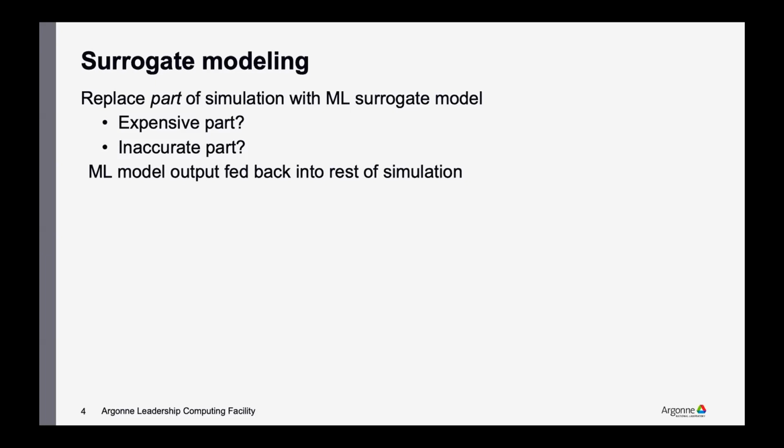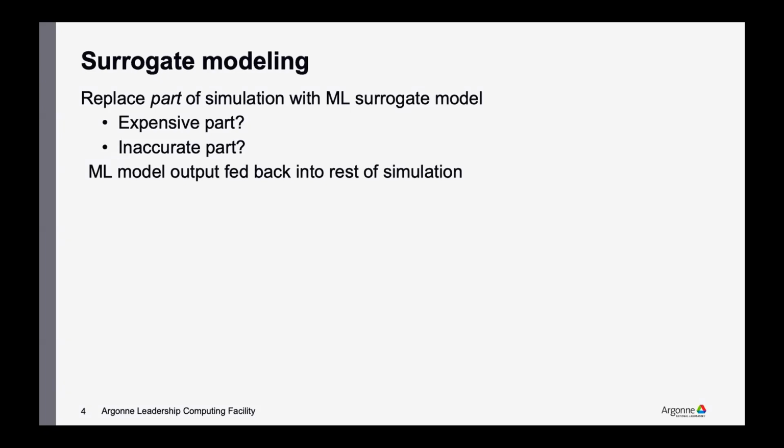Okay, so you could have a machine learning model that replaces your whole simulation, but since today we're talking about coupling AI and simulations, this would be the context where maybe you only replaced part of your simulation with machine learning. And so the output of your machine learning model needs to go back into the simulation.